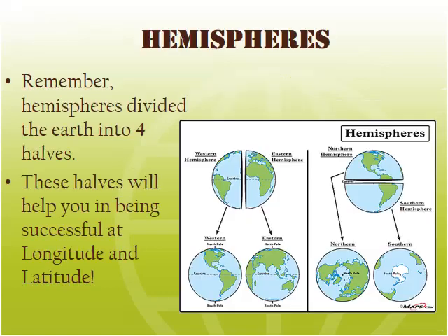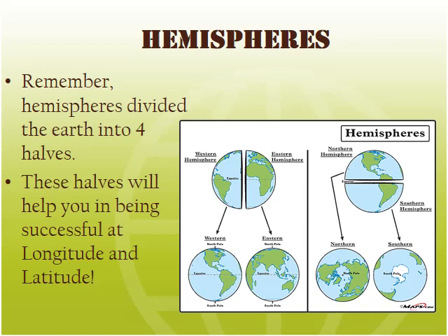Let's get started. So let's quickly review. This is going to help you with your latitude and longitude notes and skill. Remember, there are 4 hemispheres of our Earth, 4 halves. These halves are going to help you in being successful at longitude and latitude.